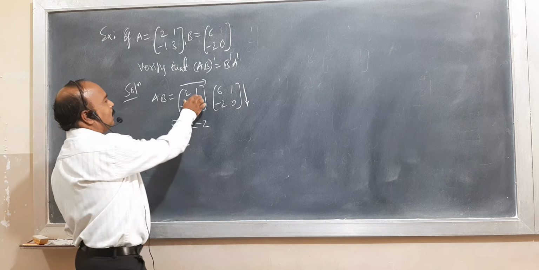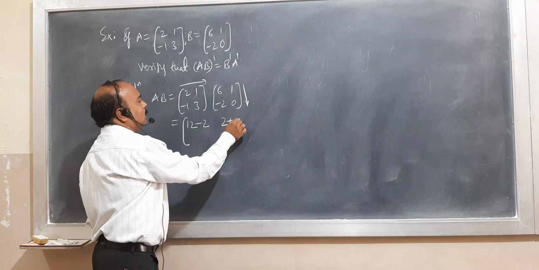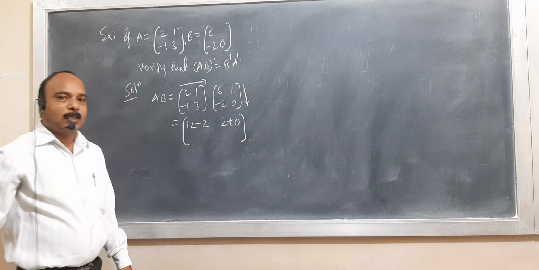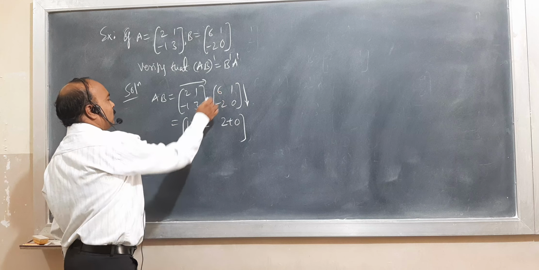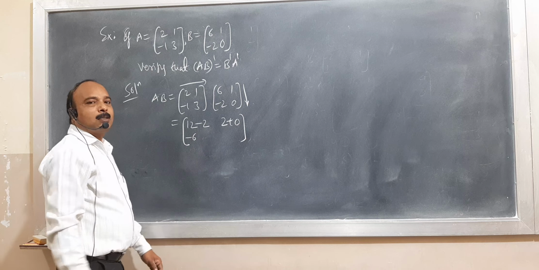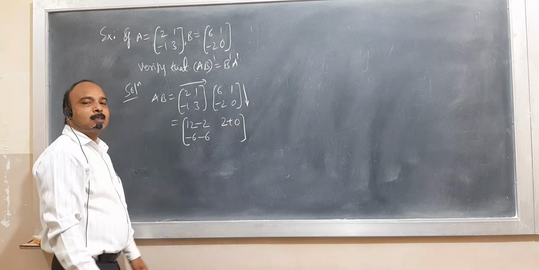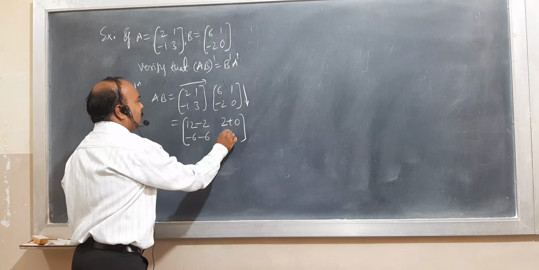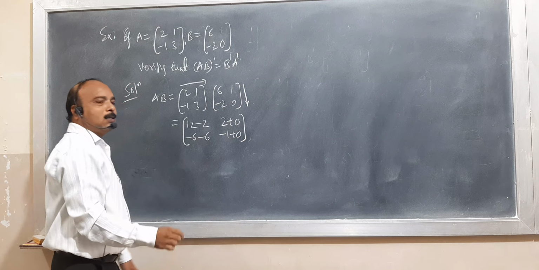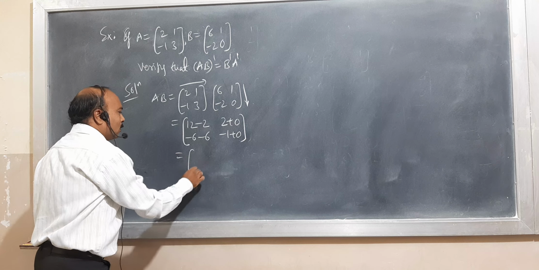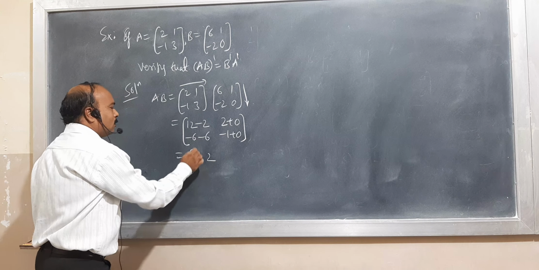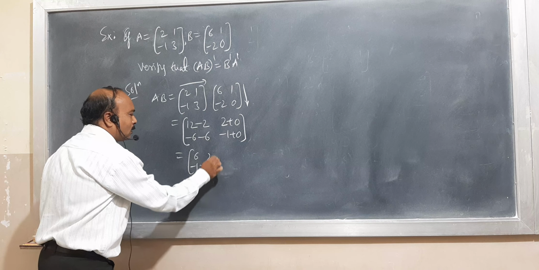Next first row, second column. 2 into 1 is 2, 1 into 0 is 0. Next minus 1 into 6 is minus 6, plus 3 into minus 2 is minus 6. Next minus 1 into 1 is minus 1, 3 into 0 is 0. Now you get [10, 2, minus 12, minus 1].